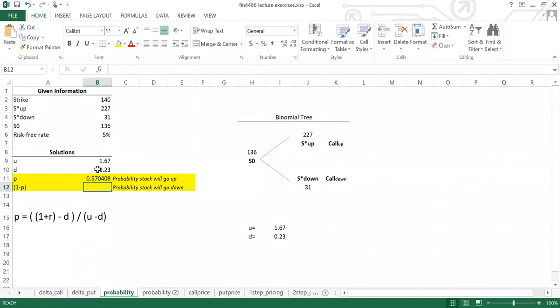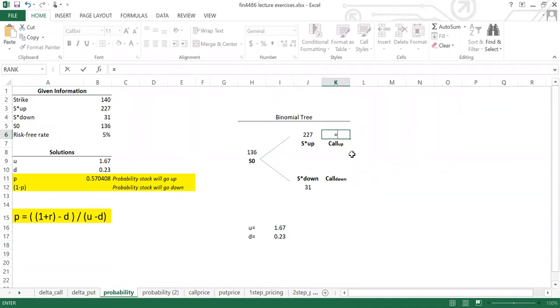Now, p, this is what we have the formula for right here. This is the probability that the stock will go up, and this is also, let's keep that in mind, the probability that your call option will be in the good state of the world. If we are only asked for the probability, we don't have to do this.